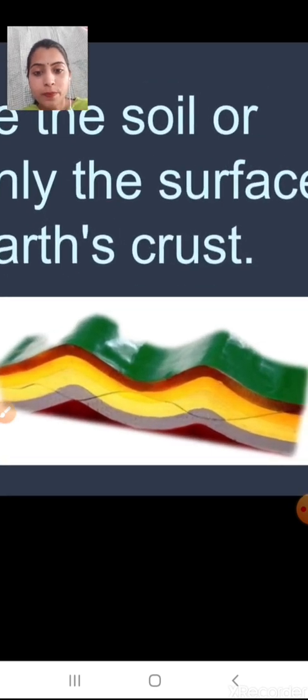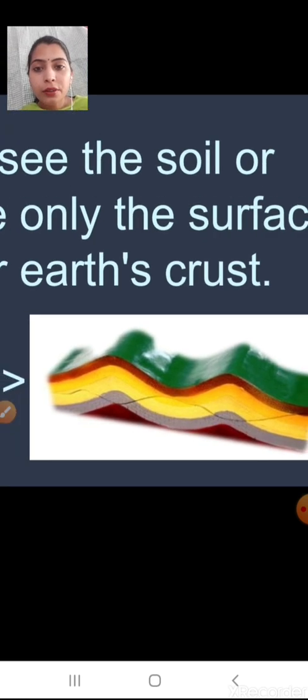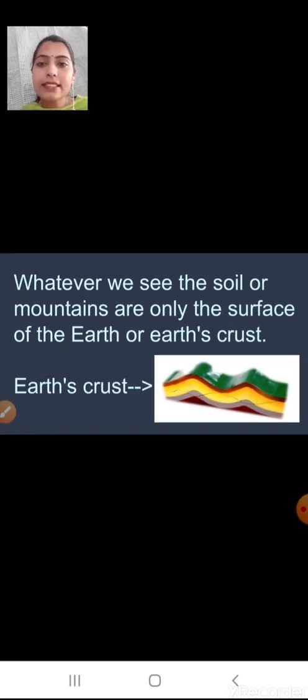See in the picture. The green colored portion is the earth's crust, or surface of the earth, and on the surface of the earth you only see mountains and soil. Got it?